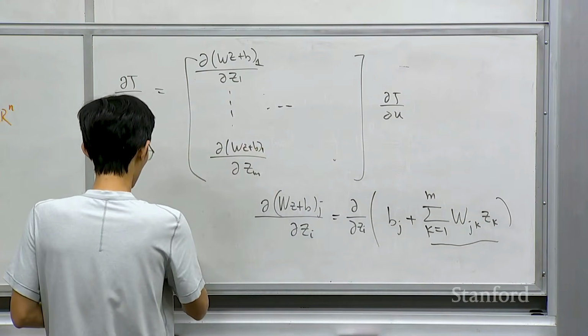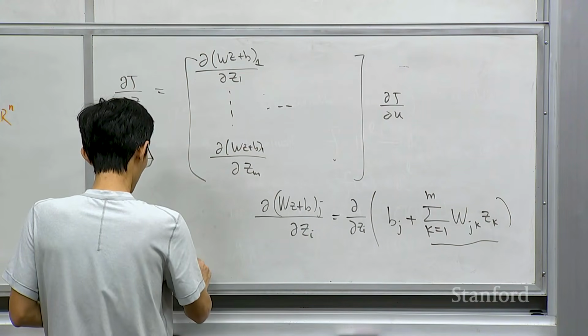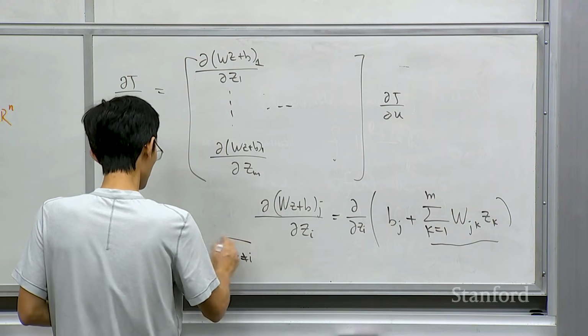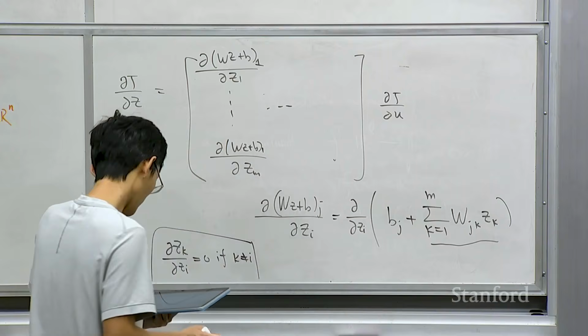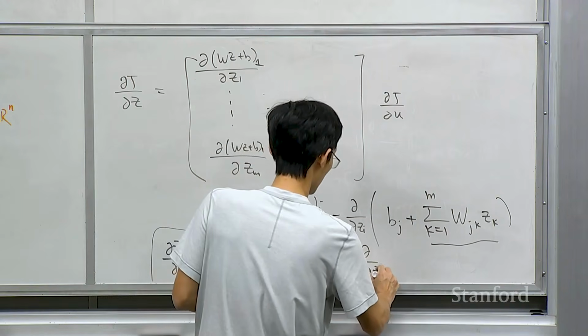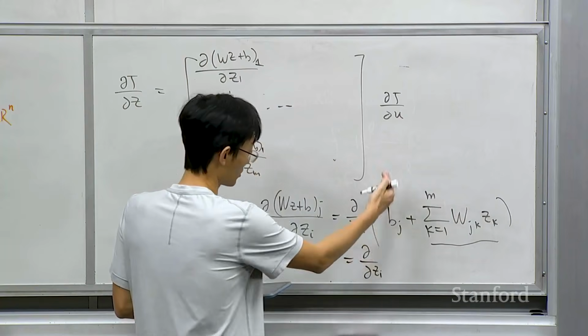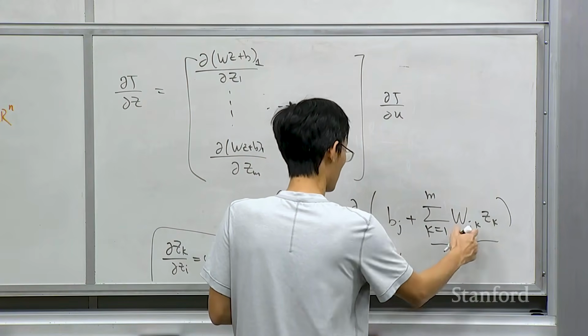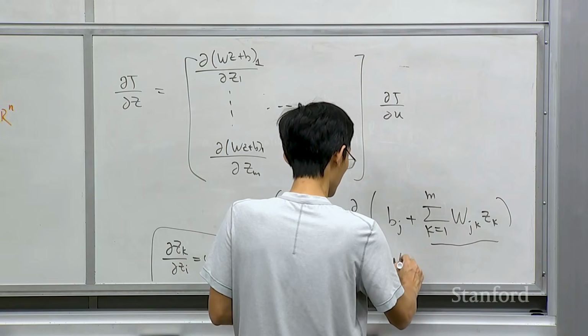So it's 0 if k is not equal to i. So you can drop all of those terms. And b_j has nothing to do with z_i, so that doesn't have a derivative either. The only thing that is left is the term when k is equal to i.